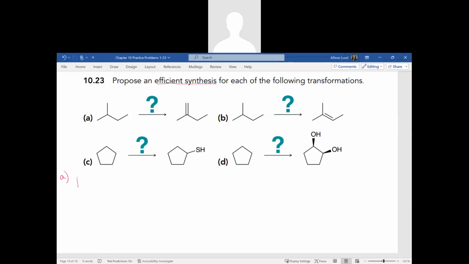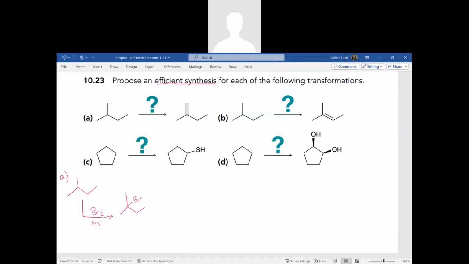Our starting material here is just an alkane. So we could functionalize that alkane by bromination, using something like Br2 through radical bromination, and we could end up with a tertiary alkyl halide here.